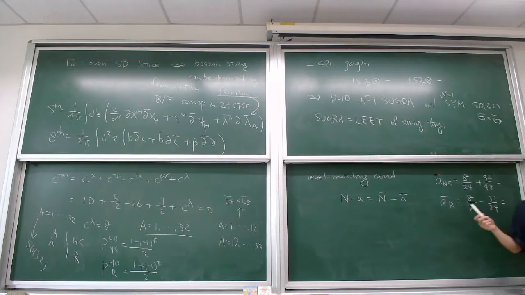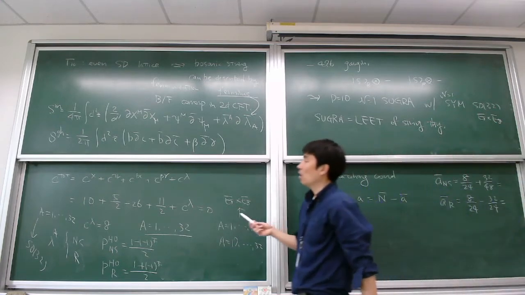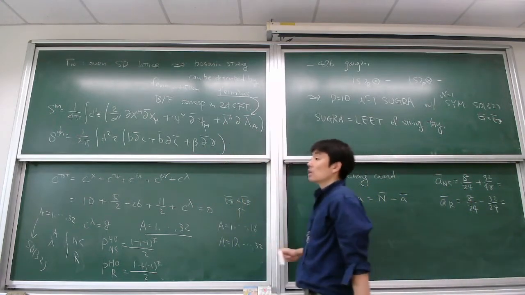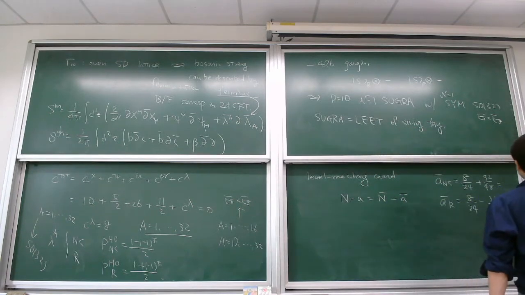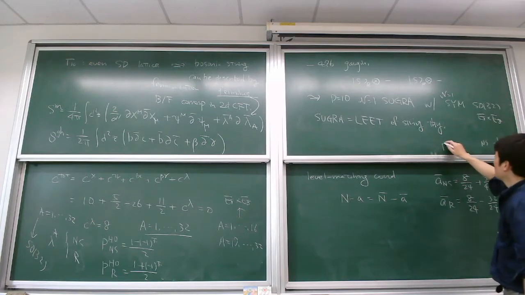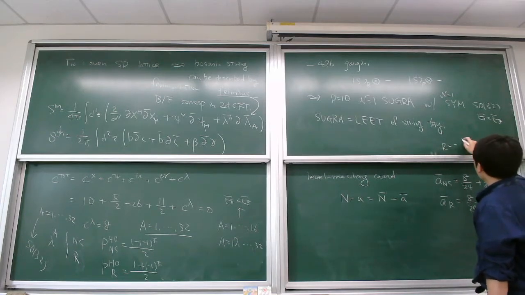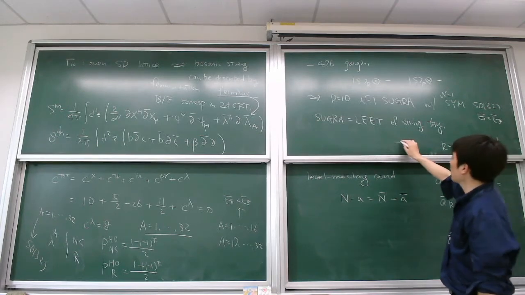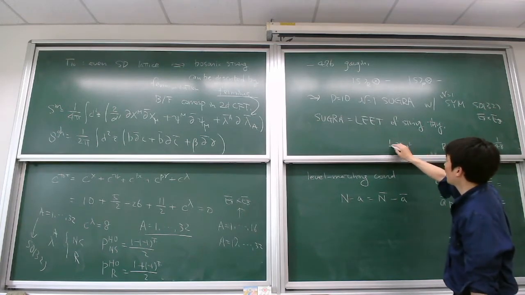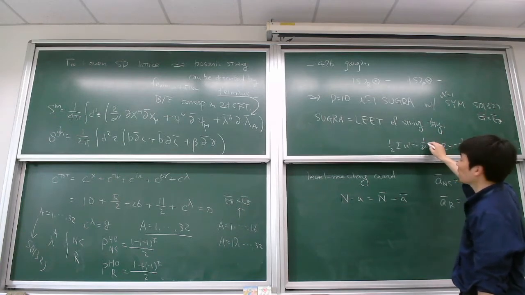And then you have to do the normal ordering of the fermions lambda. For Neveu-Schwarz, each fermion gives 1 over 48, as you might remember. And for Ramond, you have minus 1 over 24. Do you remember? The sum of n squared is equal to 1 over 24, right?